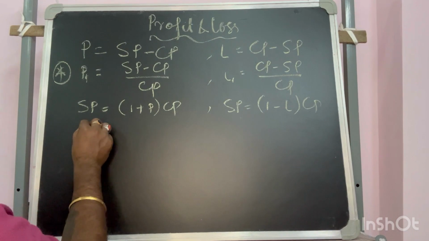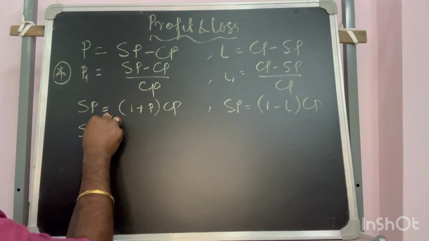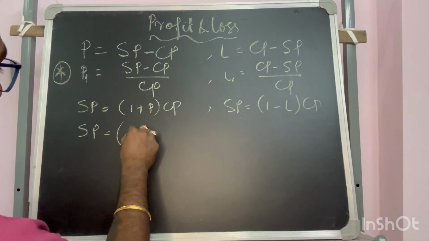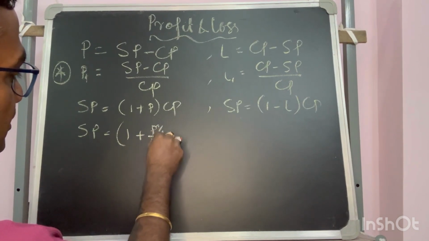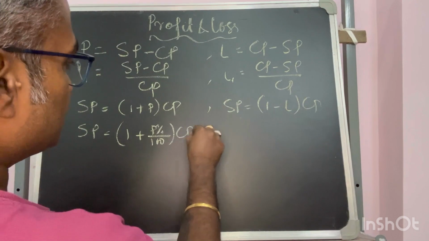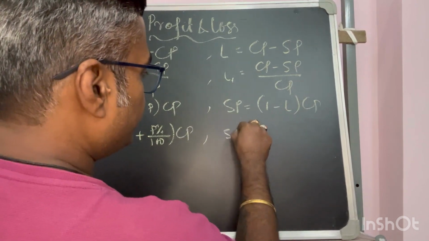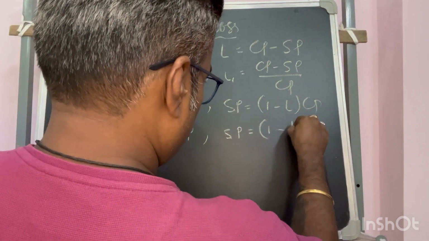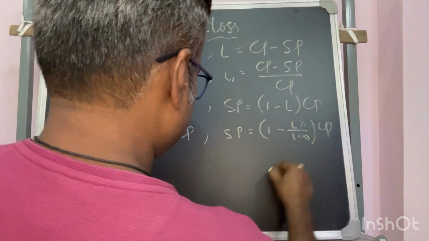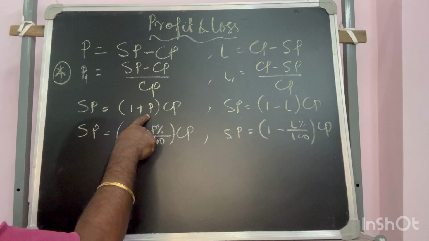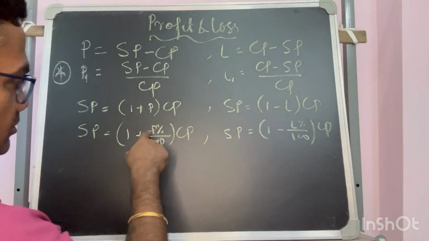Now from there we know if profit is represented in percentage, then it will be the profit percentage upon 100 into Cp. So the equation will change accordingly, and loss percentage is divided by 100 into Cp. In this case, this is only the fraction, and in this case only the percentage.